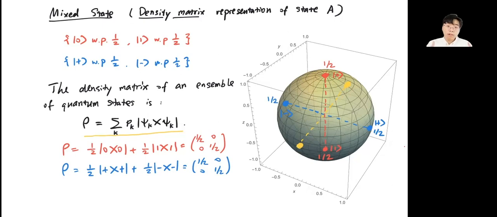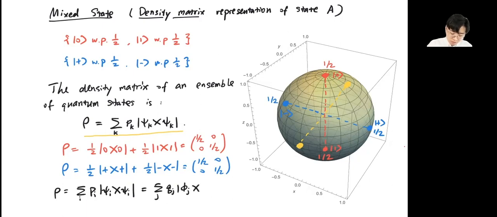And more rigorously, I can write down this equation. Rho equals the summation over i of p sub i times the outer product of psi i, to represent one way to write down the mixture. And another mixture, summation over j, q sub j times the outer product of phi j. If they're equal, then we know they're related by a unitary transformation.